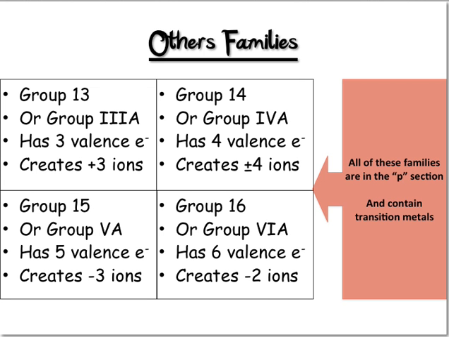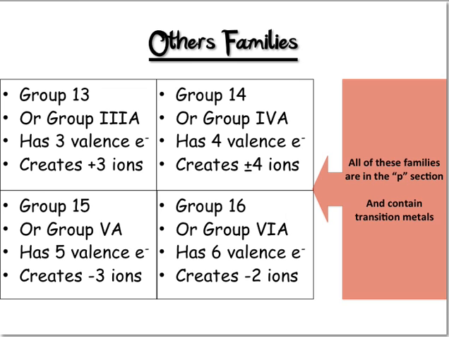The P section was a little tricky. I said there was an area where there weren't really families. So we have group 13, which is also Roman numeral 3A. There are 3 valence electrons and they create a positive 3 ion. Group 14 or group 4A has 4 valence electrons and they create a positive or negative 4 ion.